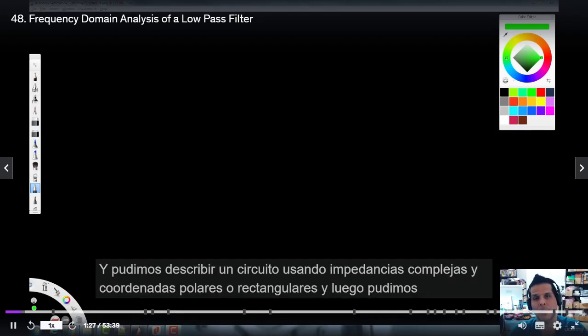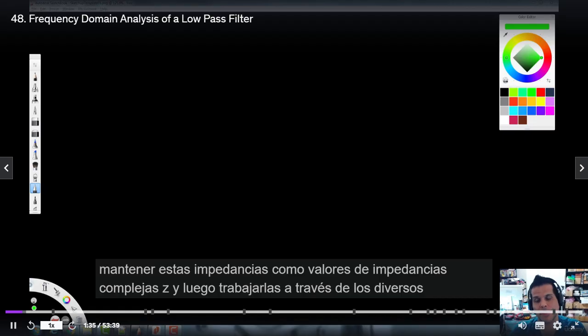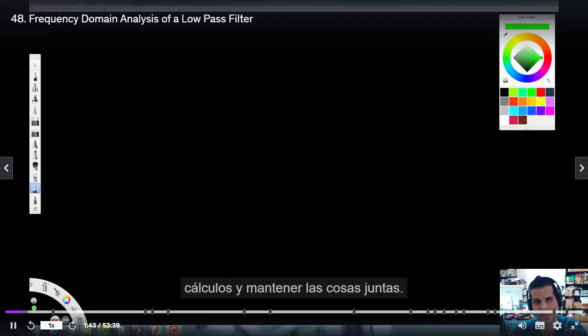And we were able to describe a circuit using complex impedances and polar or rectangular coordinates, and then be able to keep these impedances as complex impedances, Z values, and then work those through the various calculations and keep things together.